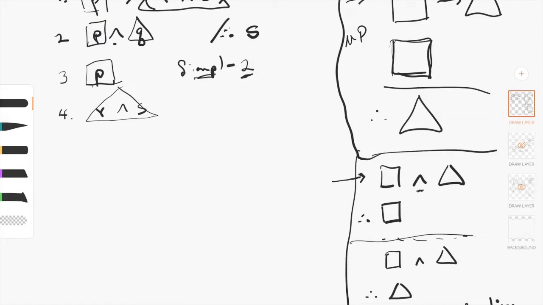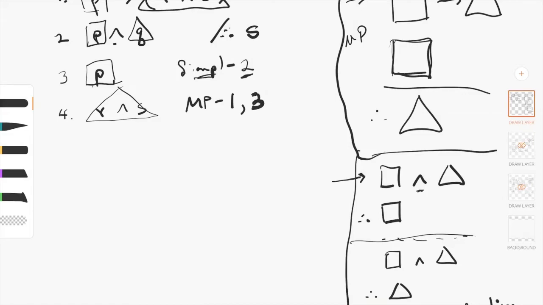Okay, so what we've done is we've applied modus ponens to which lines now? The first premise of modus ponens appeared in line 1, and the second premise of the modus ponens appeared in line 3.